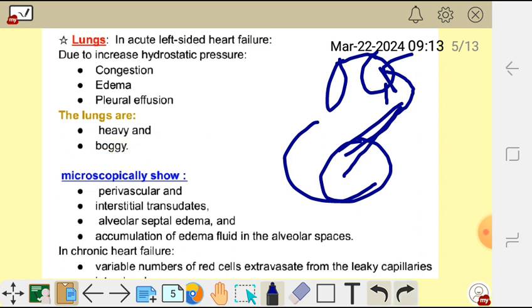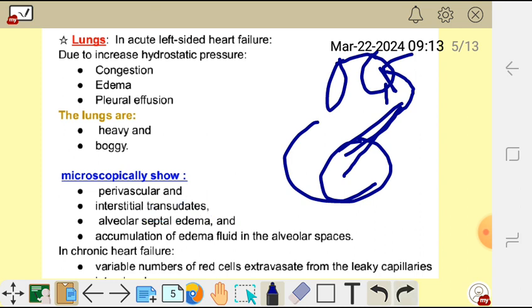Microscopically, we'll see perivascular and interstitial transudates. A transudate is simply a fluid with little or no proteins in it.